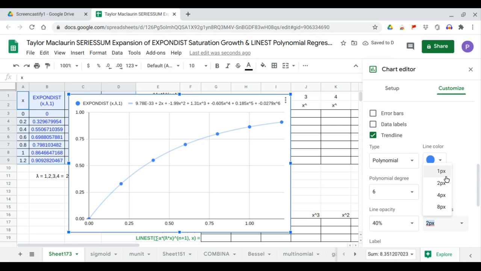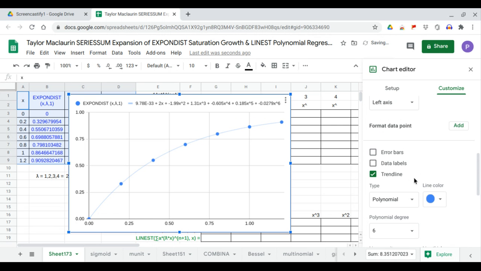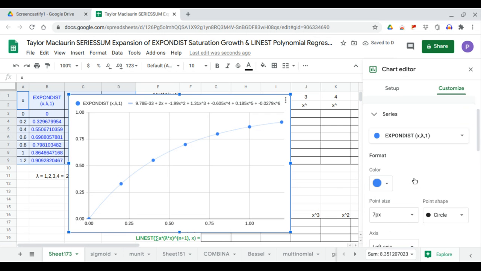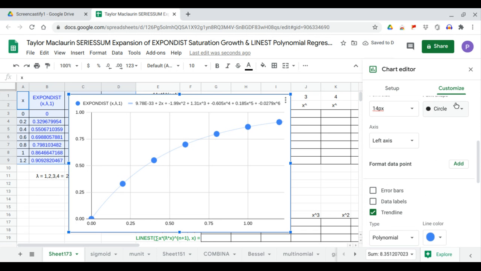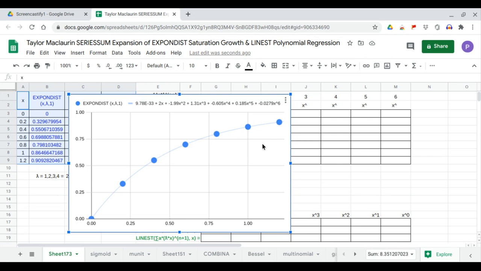And we keep the line thickness 1 thin, but our point size will be maximum 14. So this is the trend line, and we'll relocate this at the bottom.